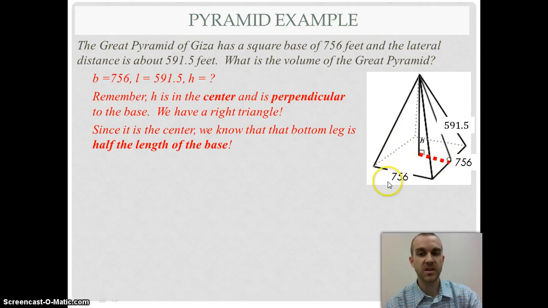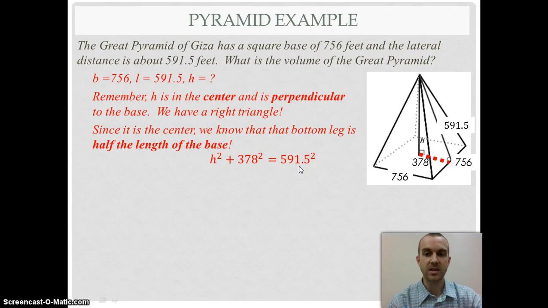So if this is 756 feet, I know this has to be 378 feet. And now I have a right triangle. So I can use the Pythagorean theorem and plug in the parts I have, where the lateral distance, or that slant height, is the hypotenuse. And I'm going to get that my height is about 455 feet.